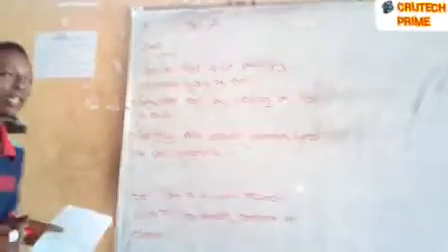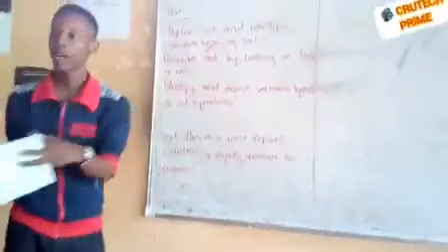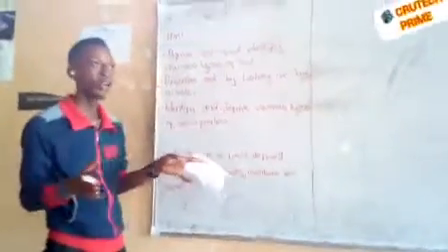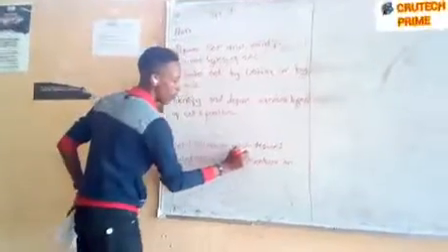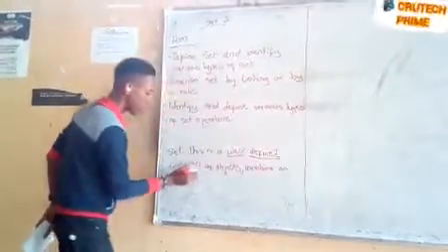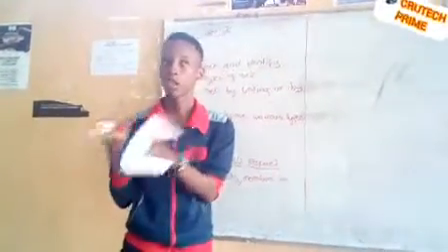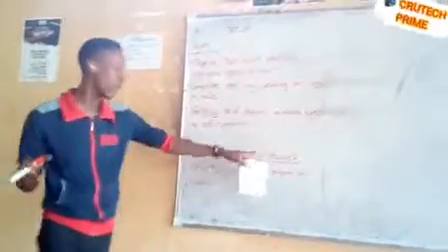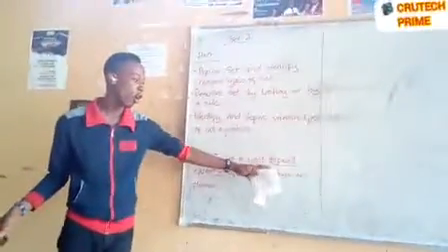So a set is a well-defined collection of objects, members, or elements. The key word in set is well-defined collection. Without this keyword, your definition of a set will be incomplete.